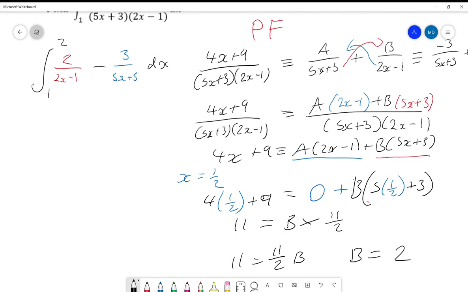Let's say I'm looking at the integral of 2 over 2x minus 1. What is going to happen to each of these bits? Well, what's quite nice is, first of all, I could write this as 2 multiplied by 1 over 2x minus 1.